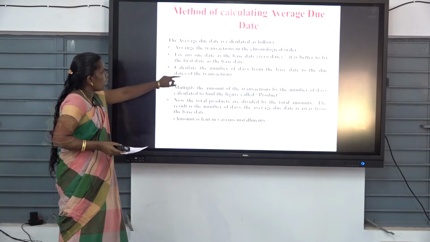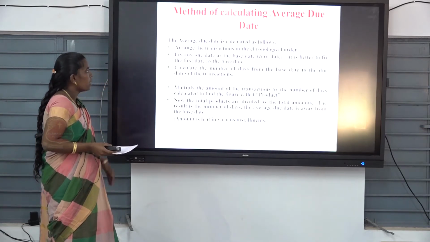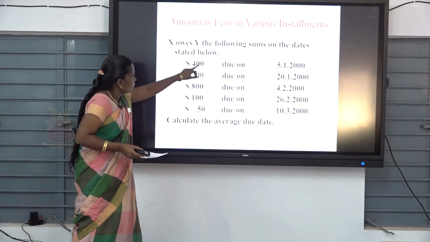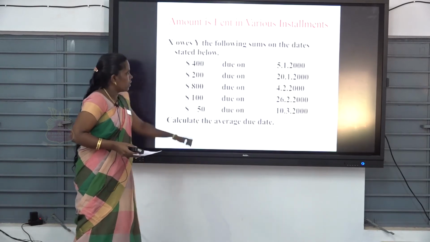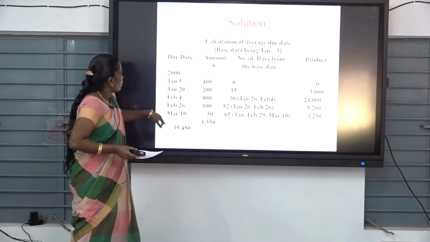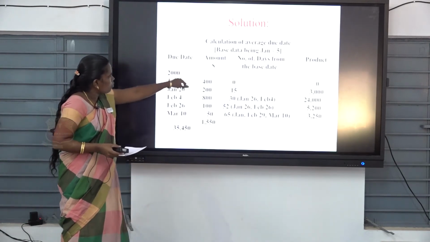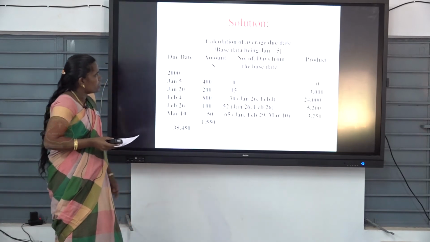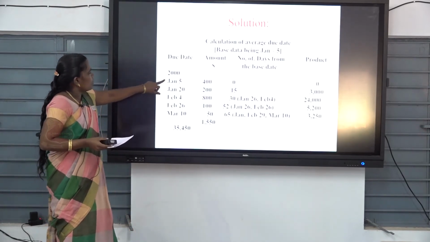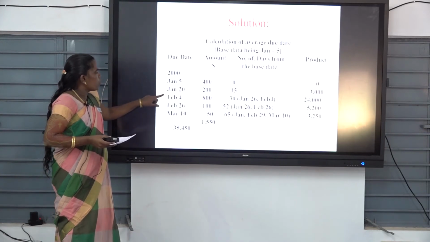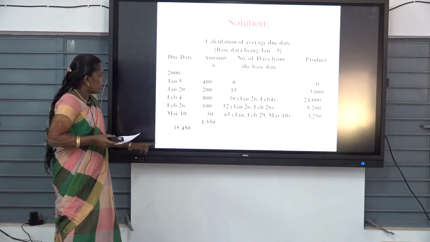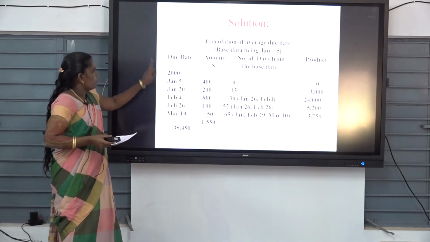Point number 1: arrange the transactions in date order. Columns: due date, amount, number of days from the base date, and product. The due dates in order are January 5, January 20, February 4, February 26 and March 10.